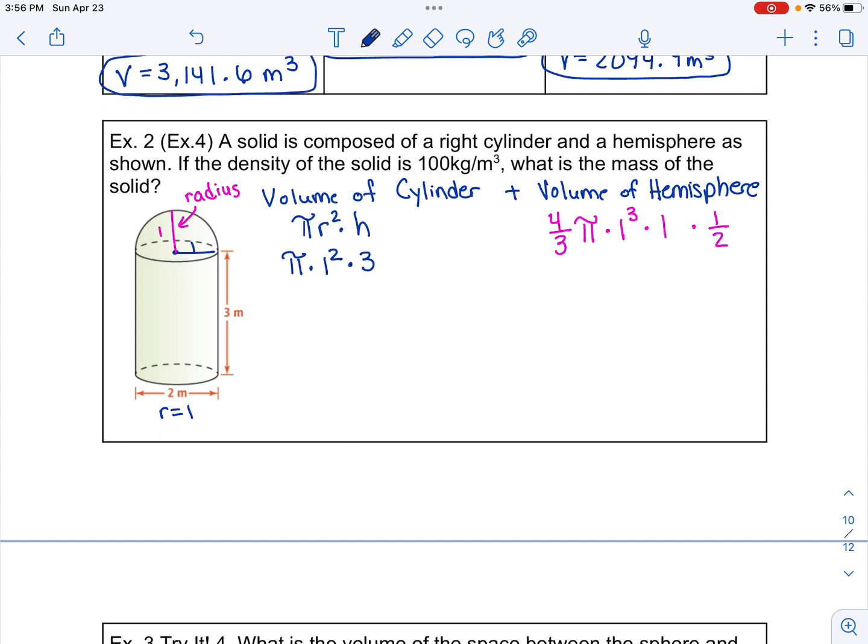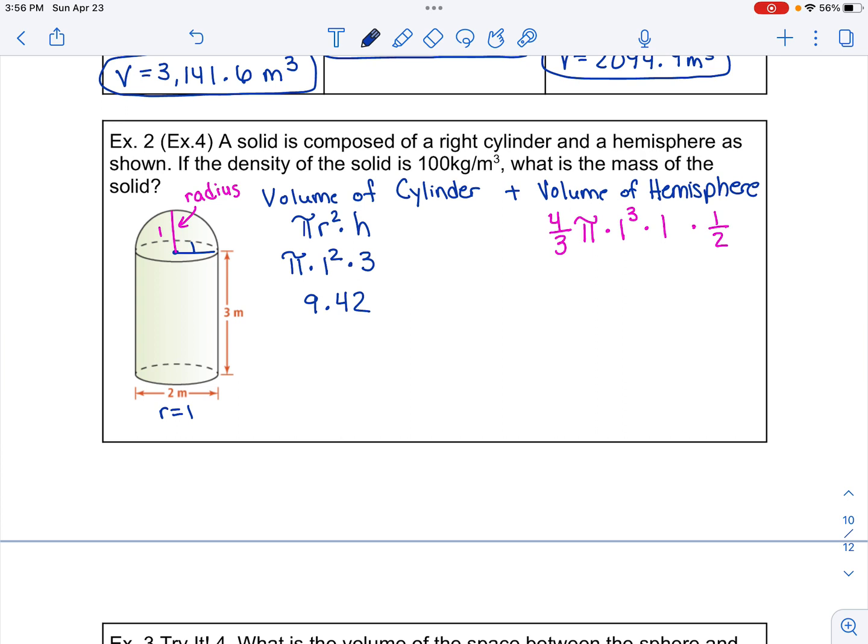My pi r squared h ends up being, see, all these are in meters, so this is 3 times pi is about 9.4, 9.42.